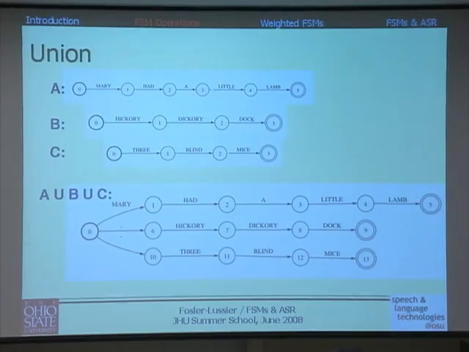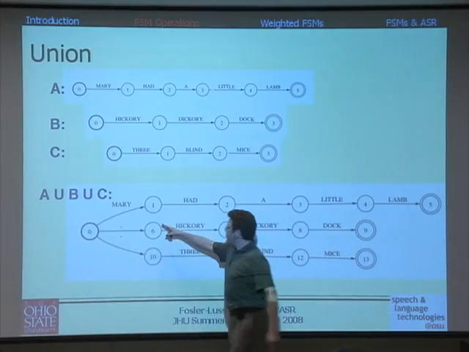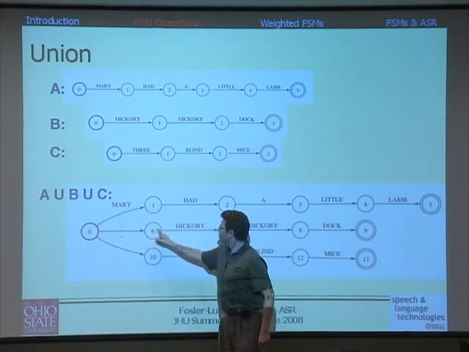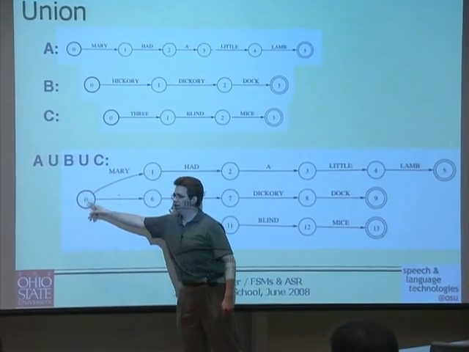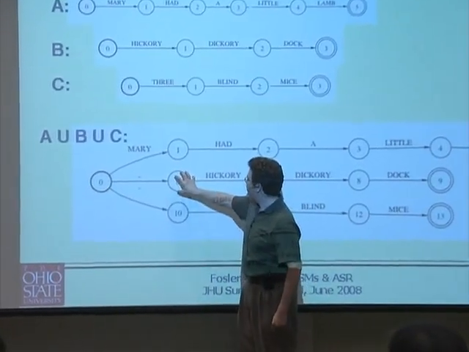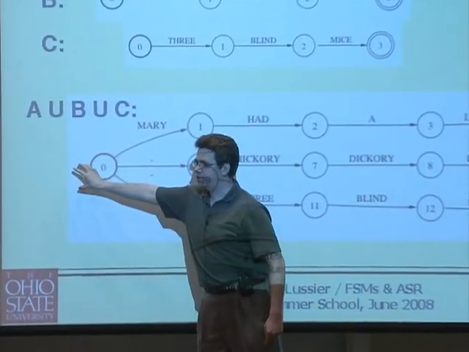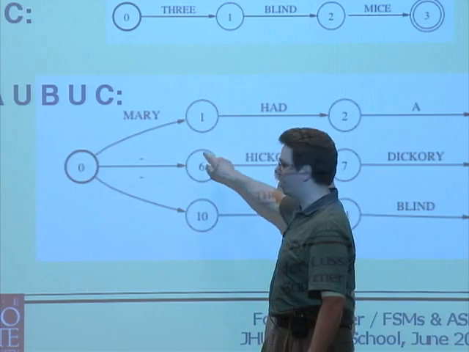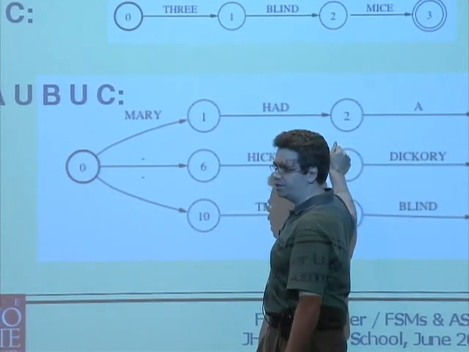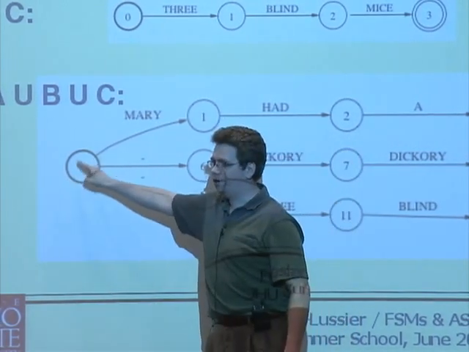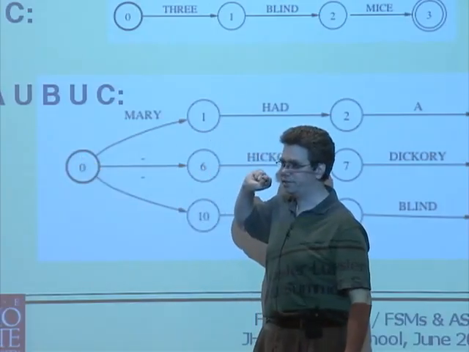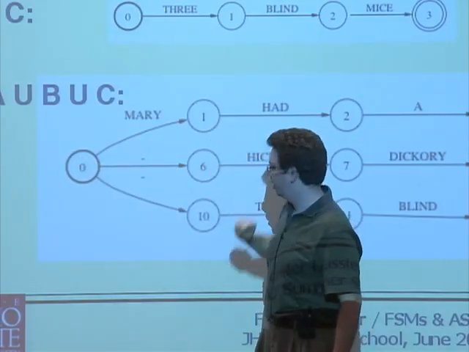Well, if you think about it, that's exactly the point: if I wanted to remove this epsilon, what I would have to do is basically merge these two things. I would need to copy all of the arcs coming out of this and hang them off of here. That's a pretty expensive operation if there's 3 million arcs coming out.